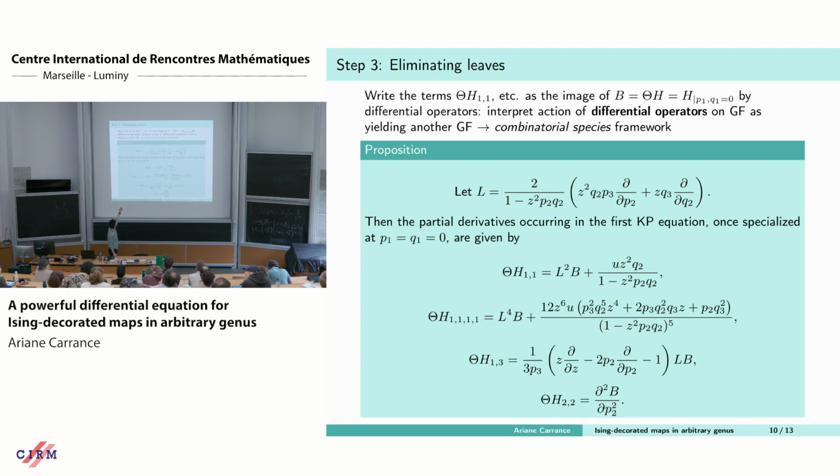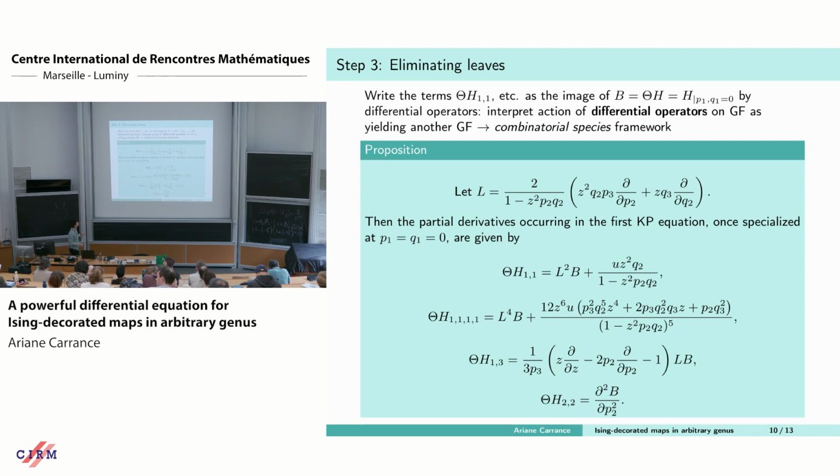Since in the denominator you have 1 minus Z2 P2 Q2, it corresponds to the sum of the generating function of chains like this with arbitrary lengths.